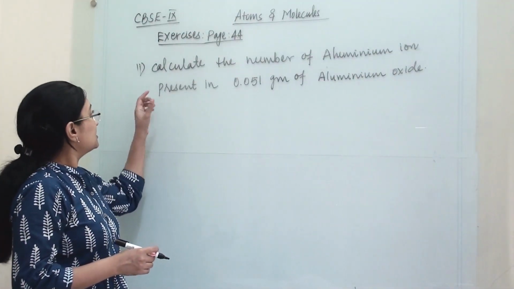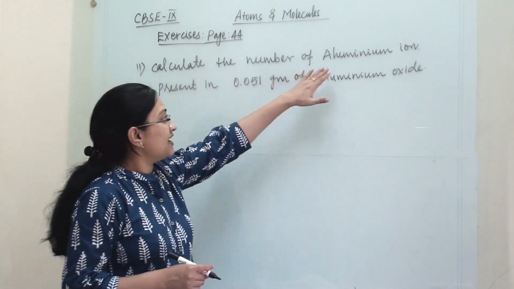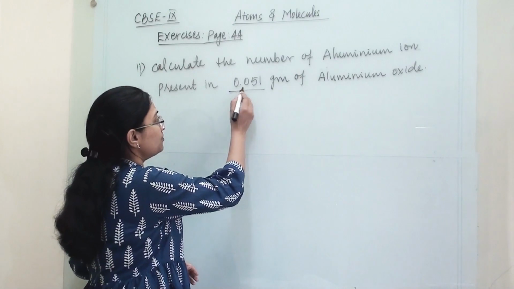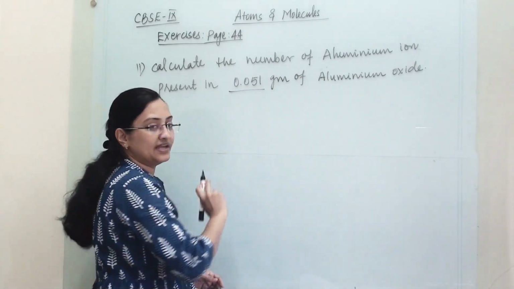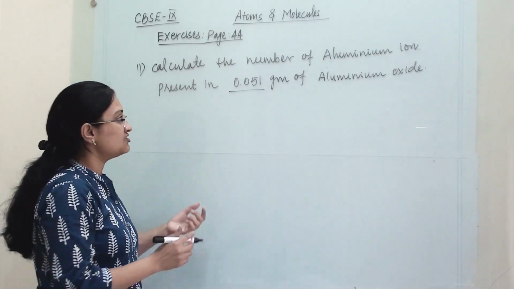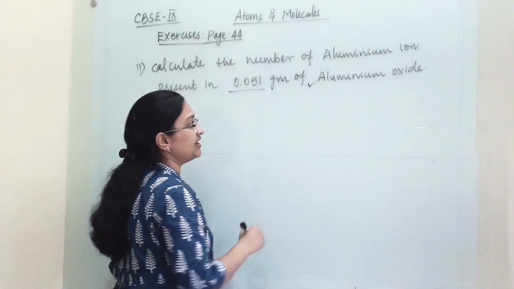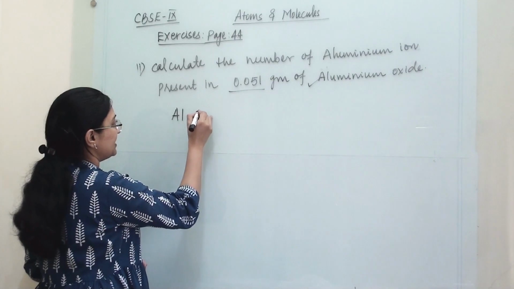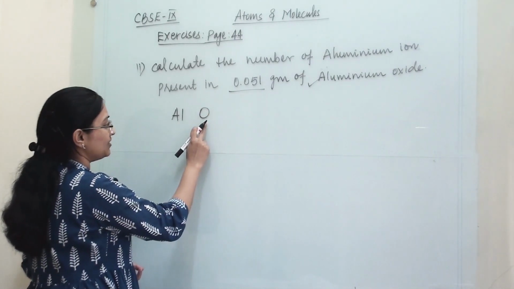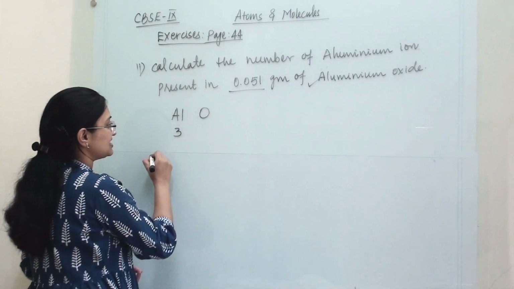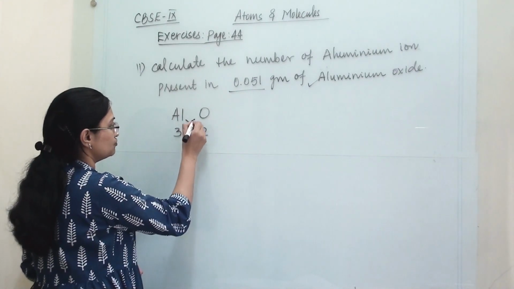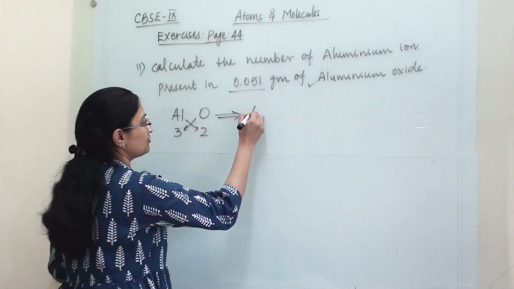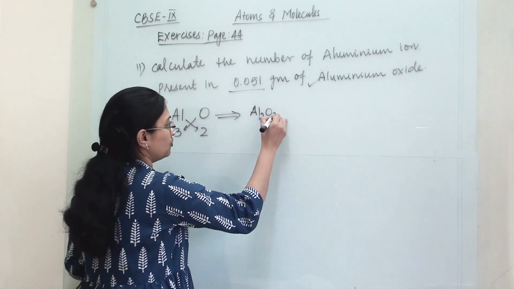Our next question is: calculate the number of aluminium ions present in 0.051 gram of aluminium oxide. So first we will find out the molecular weight of aluminium oxide. So what is aluminium oxide? Aluminium and oxygen. Aluminium's valency is 3, oxygen is 2. So by the crisscross method we will get our molecular formula Al2O3.